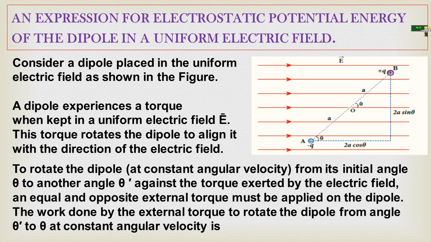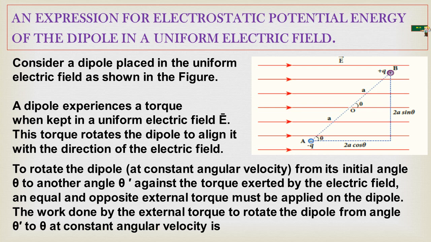To rotate the dipole at constant angular velocity from its initial angle theta to another angle theta dash, against the torque exerted by the electric field, an equal and opposite external torque must be applied on the dipole.